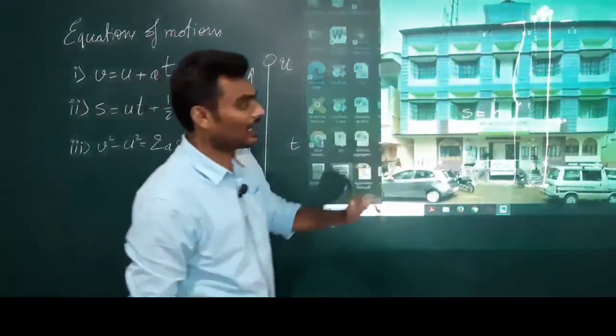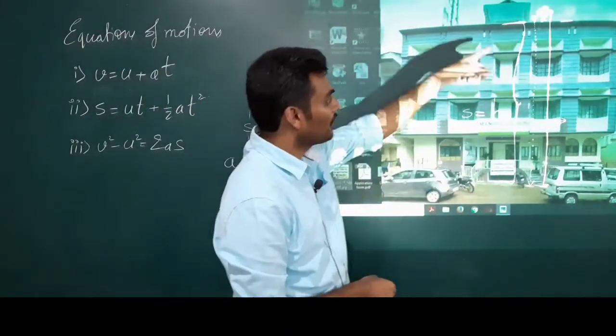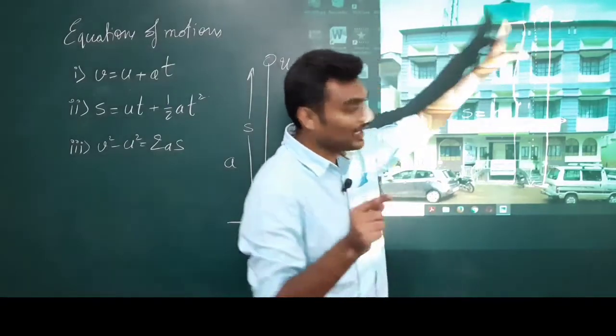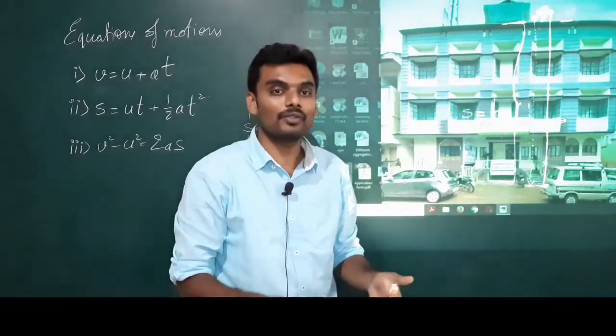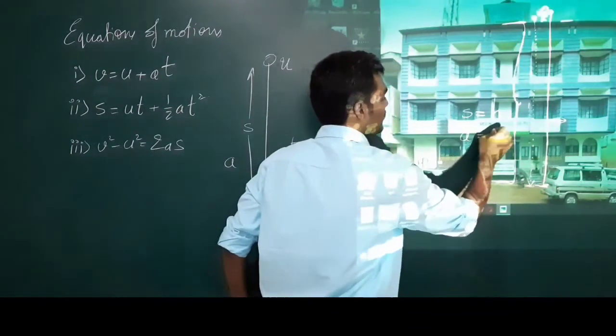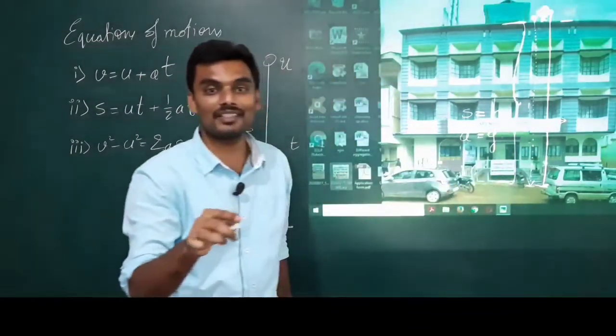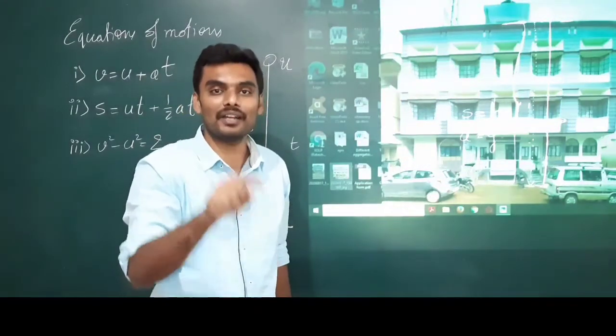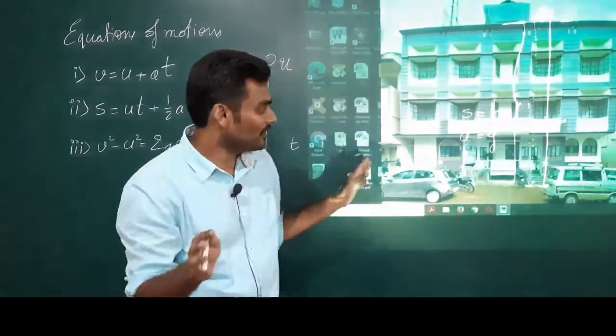And acceleration, that's the main point. For any body falling under the influence of Earth's gravity, the acceleration experienced is equal to g. What is g? g is the acceleration due to gravity. Keep this much in mind.